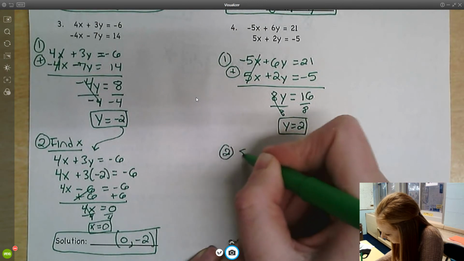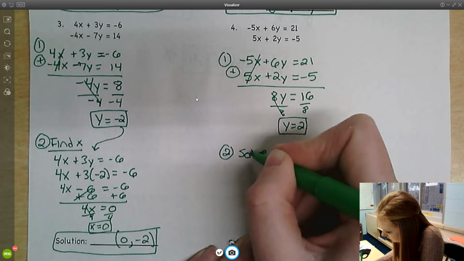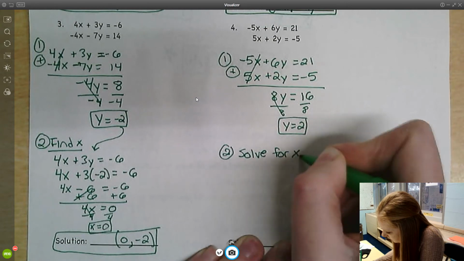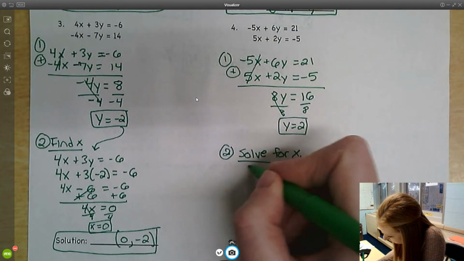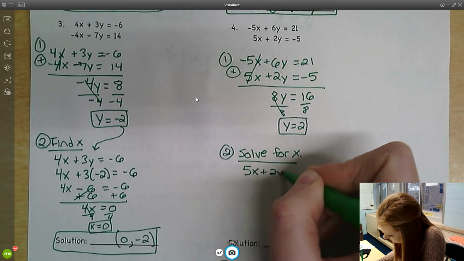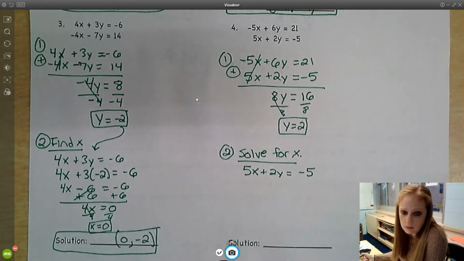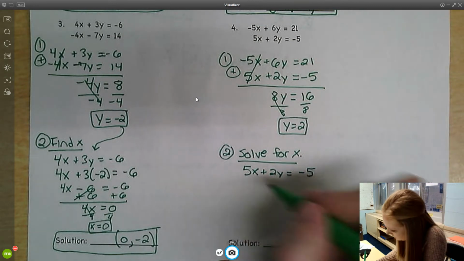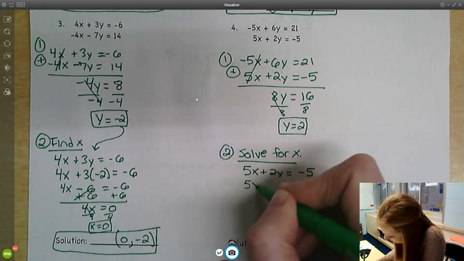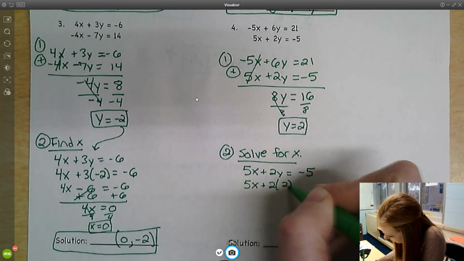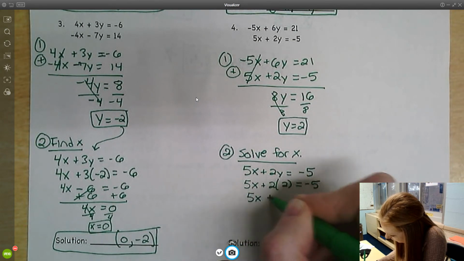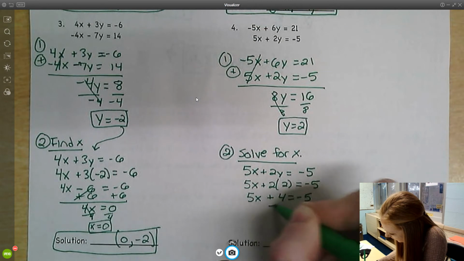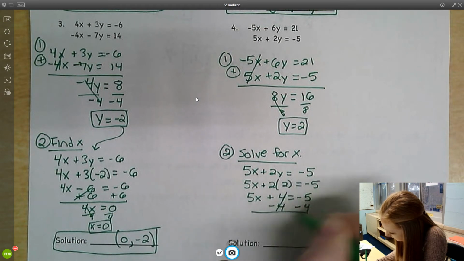So now our second step this time is to solve for x. Let's rewrite one of the originals. I'm going to pick the second one since there's no negative at the beginning. And let's plug in what we got for y. So we're going to plug in our 2 for y and see what we get. 5x plus 4 equals negative 5, minus 4 on both sides.